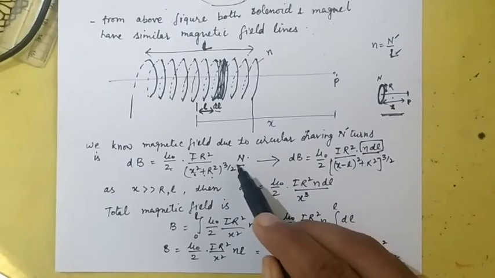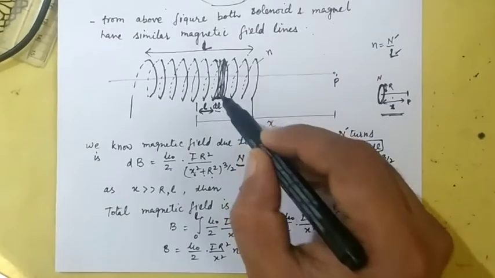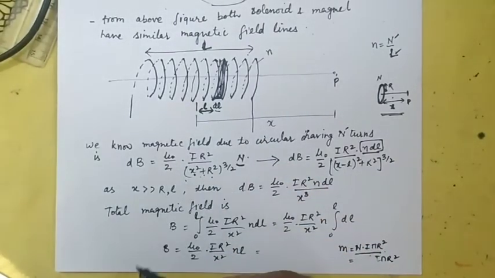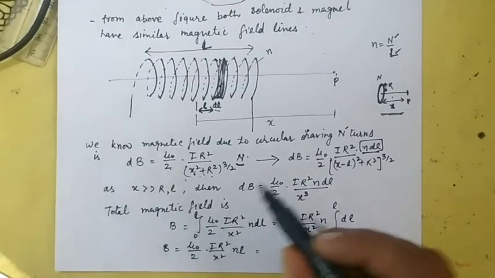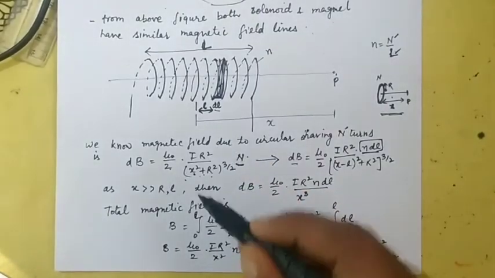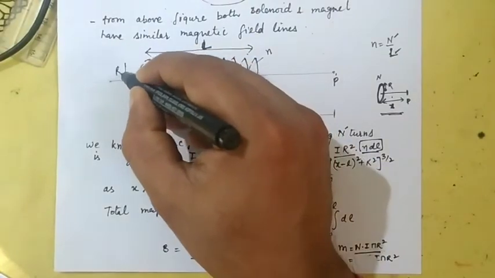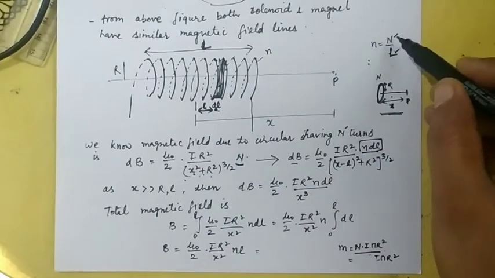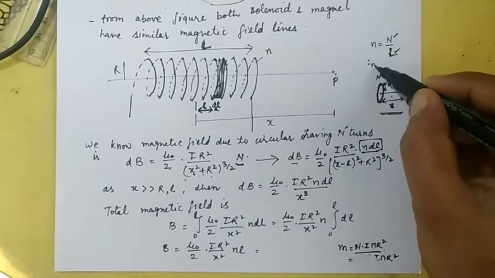Since it is having capital N number of turns, I write capital N here. Now the same formula can be applied for this section of the loops of a solenoid. We know that dB is equal to mu naught upon 2, I R square, same, where capital R is your radius and dl is the length, so the number of turns will be equal to n into dl.